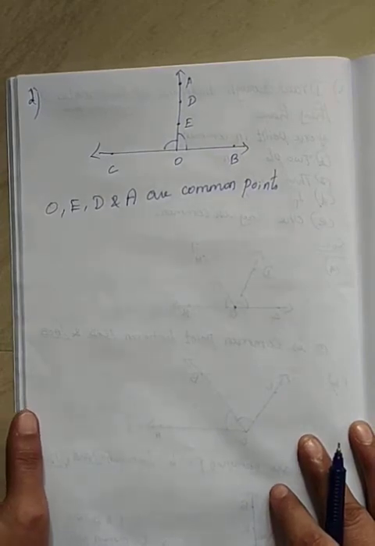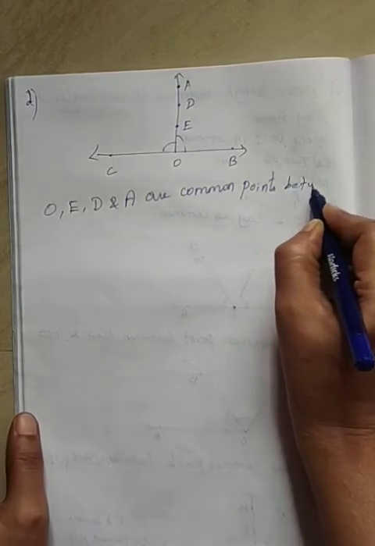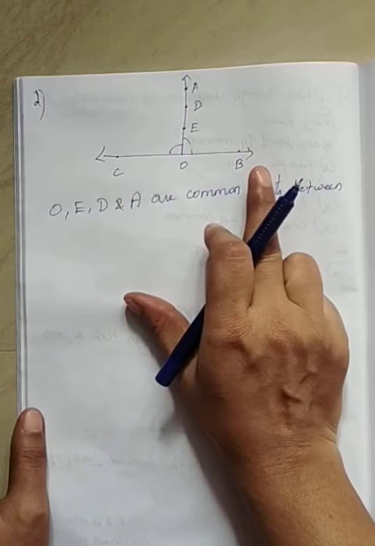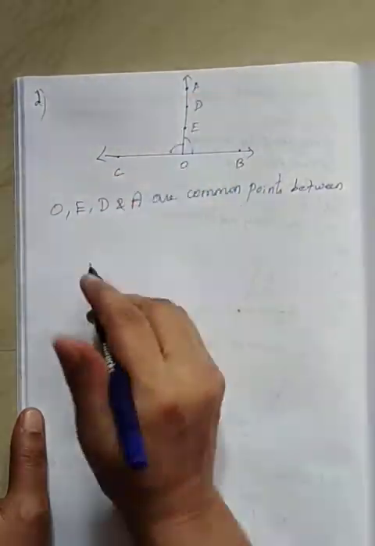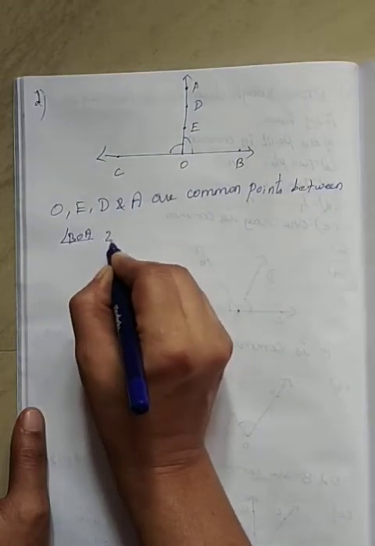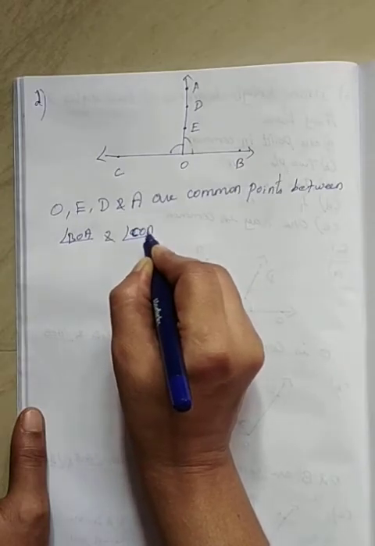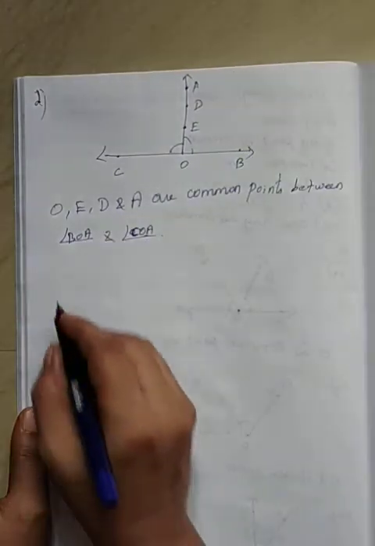These are all the common points between two angles. What are the angles? See here, angle BOA and the angle COA. Clear? So two angles, 4 common points.